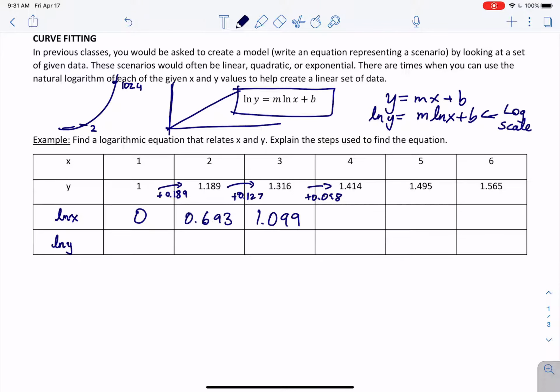For 4, it's 1.386. For 5, 1.609. And for 6, 1.792. Then we'll do the same thing for the y values. So natural log of 1 again is 0. Natural log of 1.189 is 0.173.